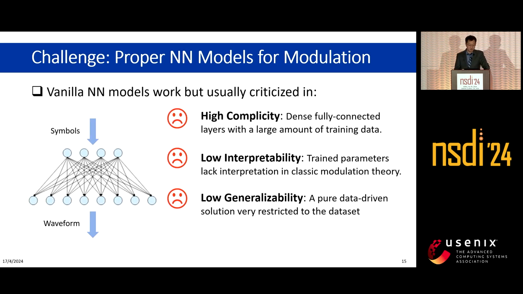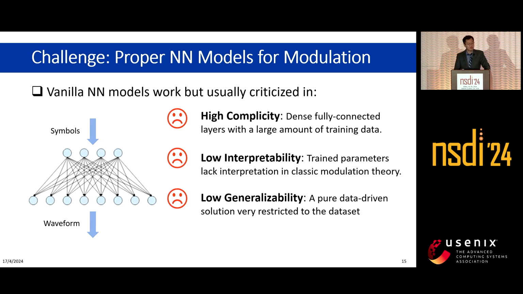Admittedly, a vanilla neural network still works at a small scale and given enough training time. But such an approach is usually criticized in three areas. The first is that it is usually high in complexity, because people usually adopt very dense, fully connected layers with a large number of training parameters.